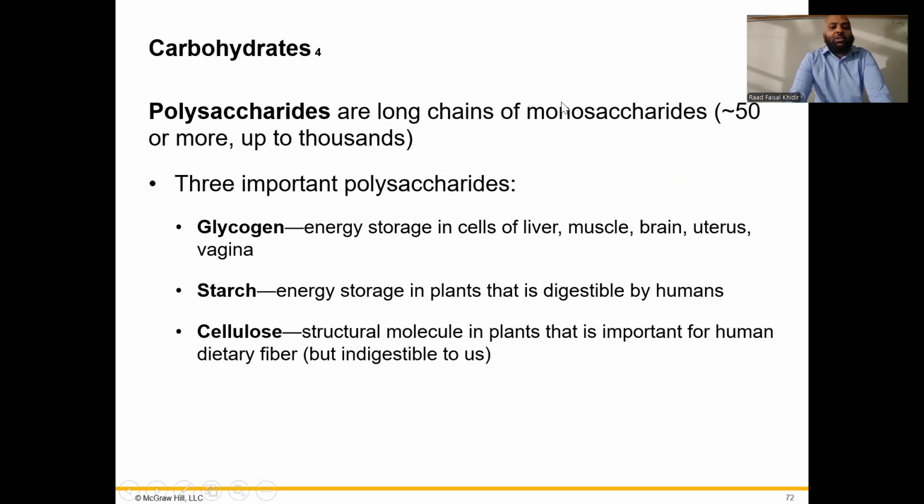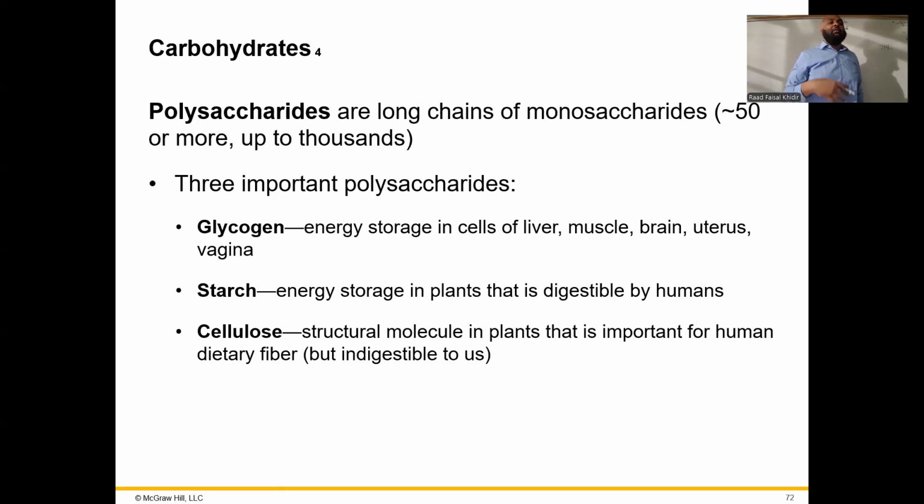Polysaccharides are long chains of monosaccharides. So there are 3 important polysaccharides. We talked about glycogen, and that is when you have a lot of glucoses, like a bundle. You know how they used to draw a bundle of sticks? Now you have a bundle of glucoses. So that's glycogen. Starch is energy storage in plants and is digestible in humans.